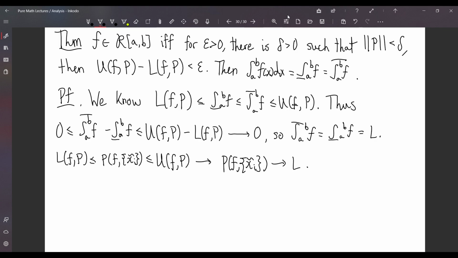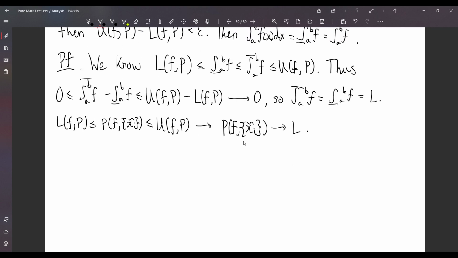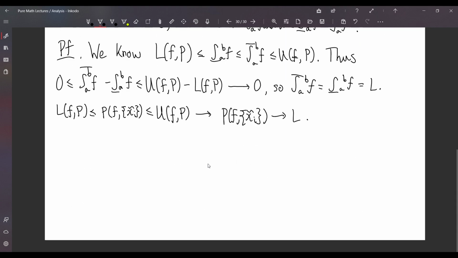And that's what it means for the Riemann integral to exist and equal some value. It means that as the partitions get finer, the Riemann sums, regardless of evaluation points, are approaching that value. So that's the first part. And I'm going to move on to the next page for space.